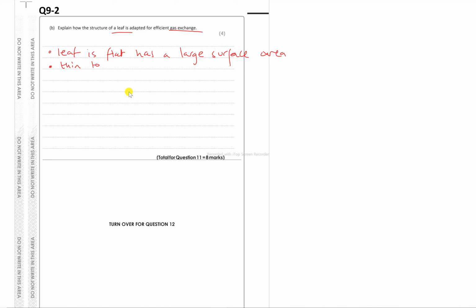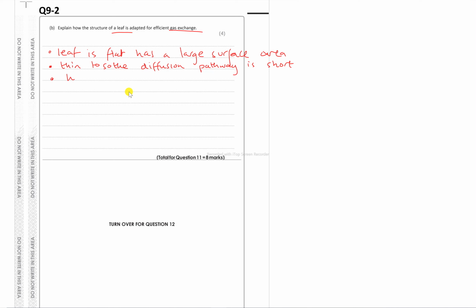Secondly, it is thin to make sure the diffusion pathway or distance is short, so there's more diffusion that can take place.